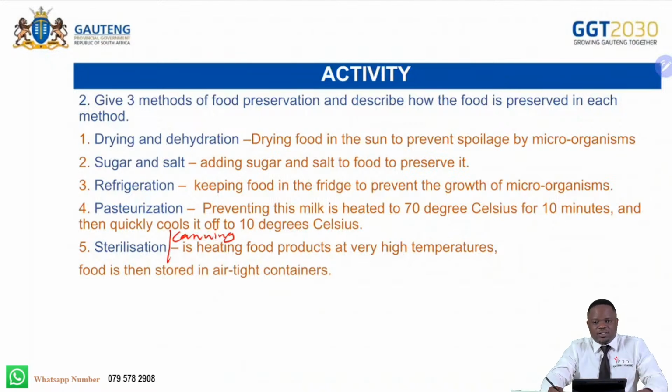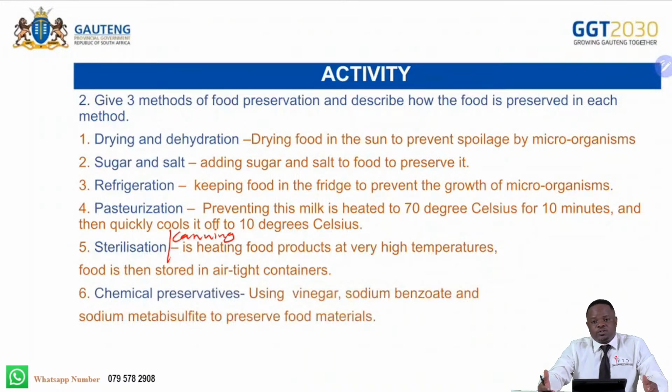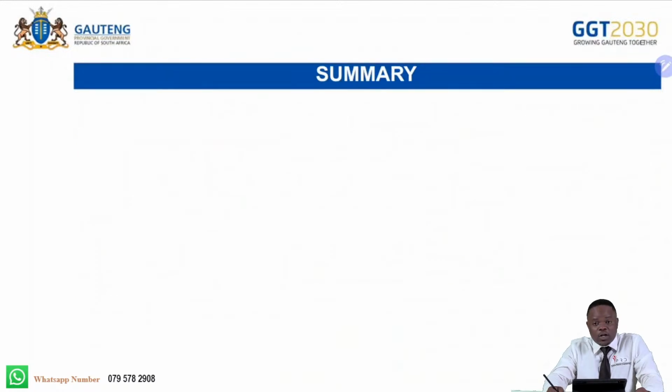Okay, and hence they can last longer. And then we mentioned the chemical preservatives, the common one there being vinegar, which has a low pH, which is not conducive for the growth of microorganisms and hence makes our food last longer.